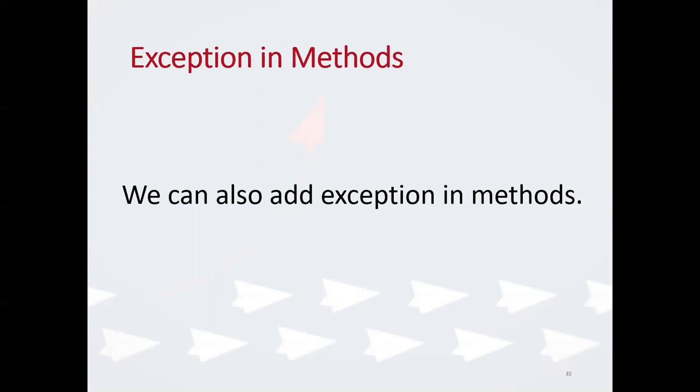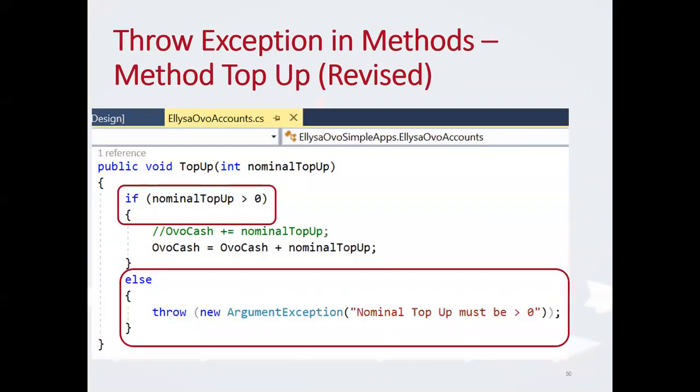Now, we can also add exceptions in a method. This is what Kenneth mentioned before. What if instead of adding in the class, we add it in the form? Oh, sorry. This is different from what Kenneth mentioned.